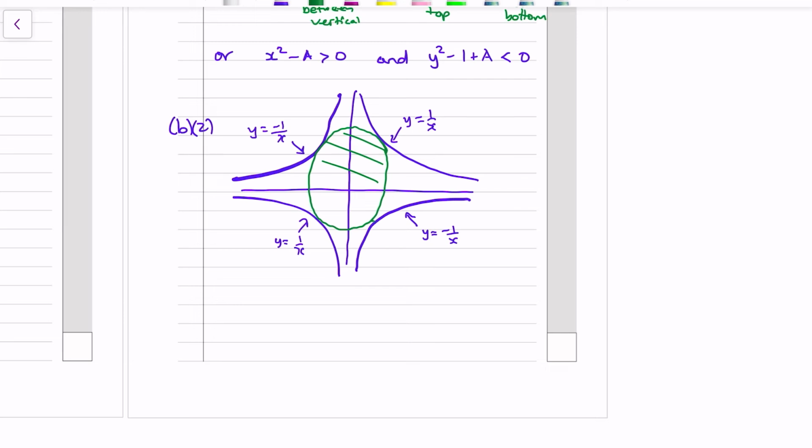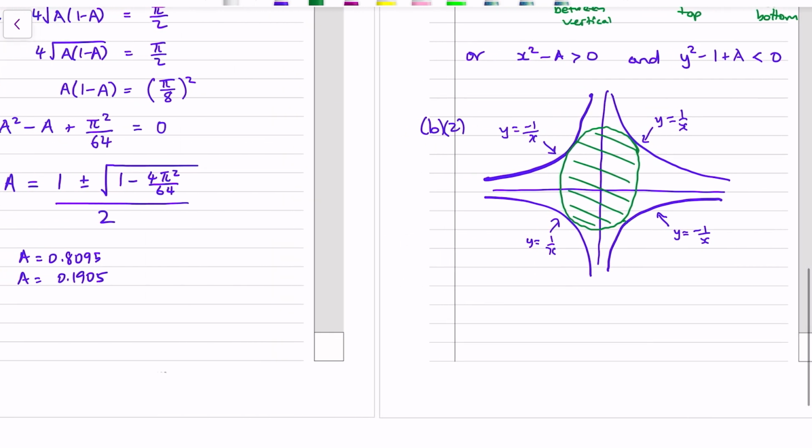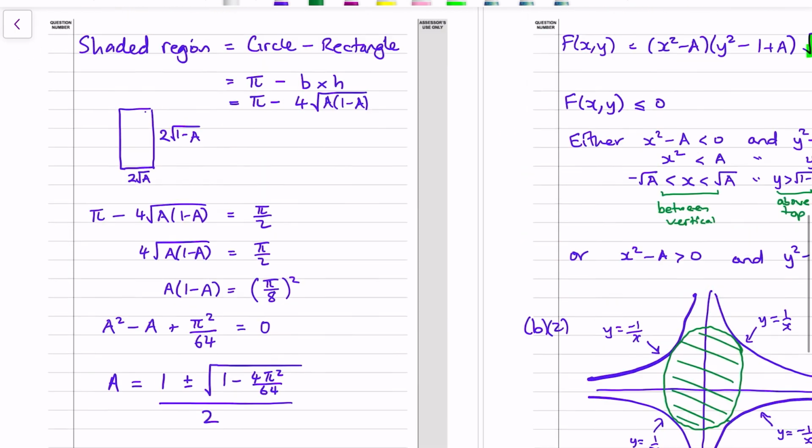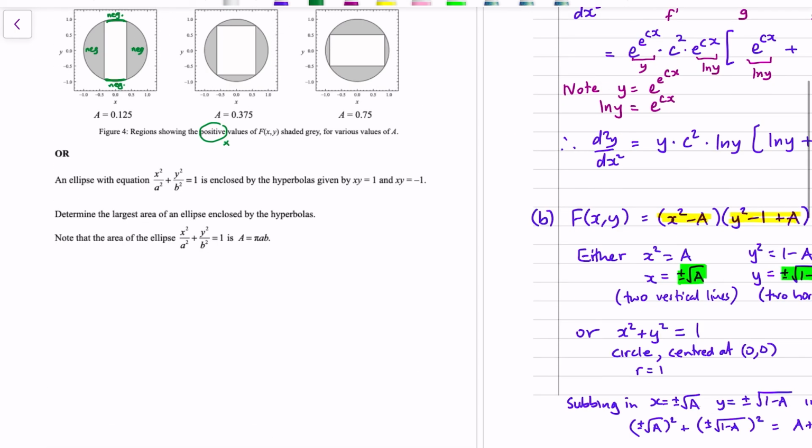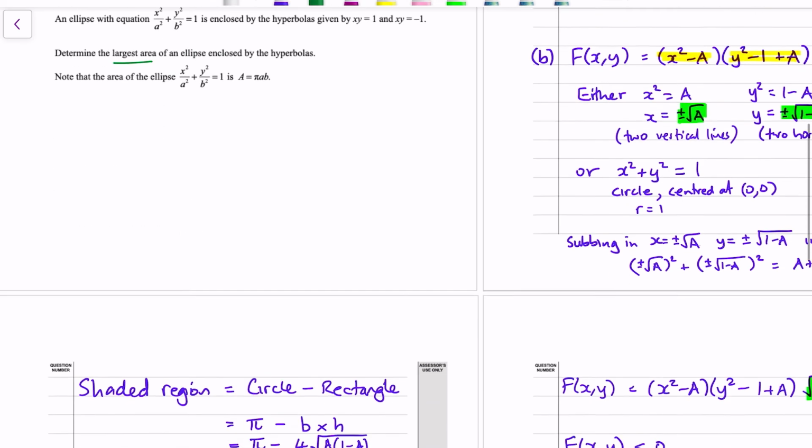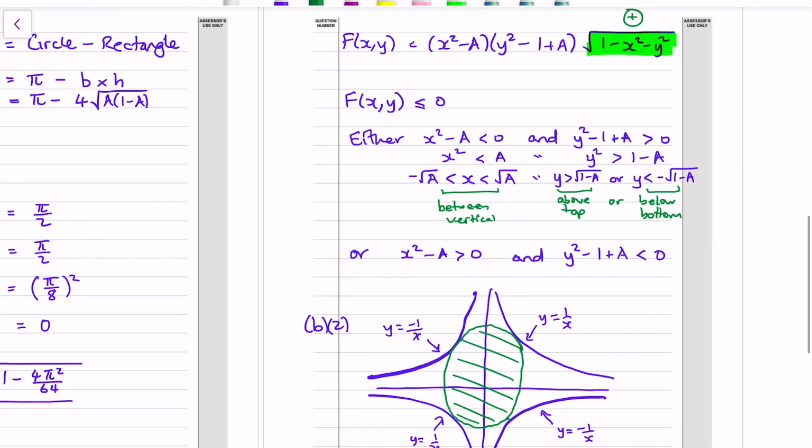And we want to find the area of this ellipse and then find out the largest area. So I got tripped up by this question myself, because I thought, okay, the largest area is probably just going to be a circle.